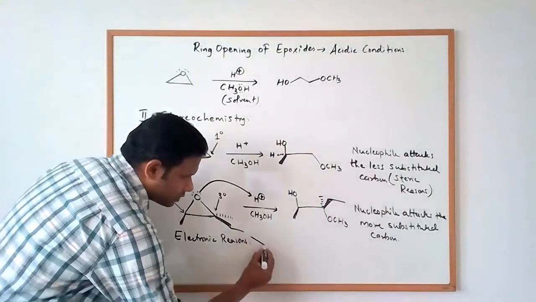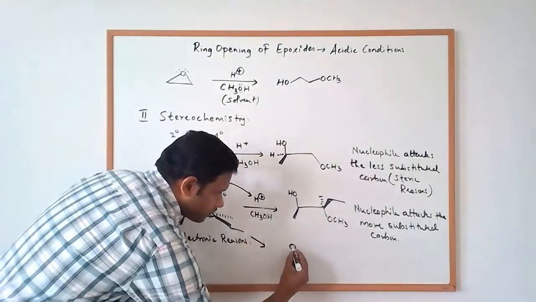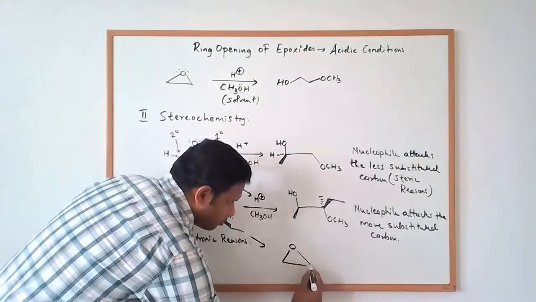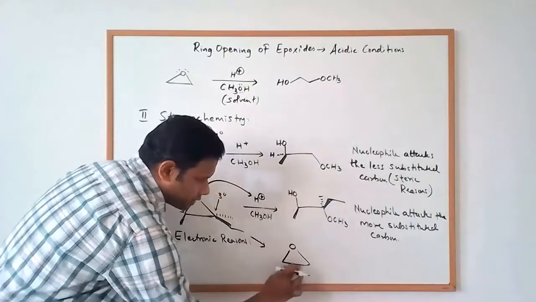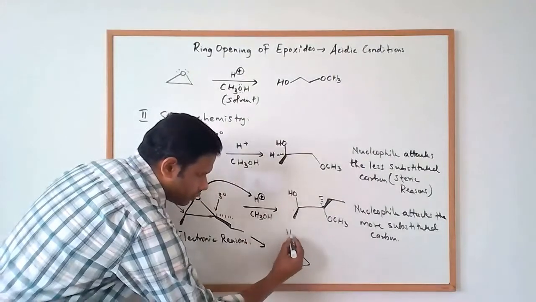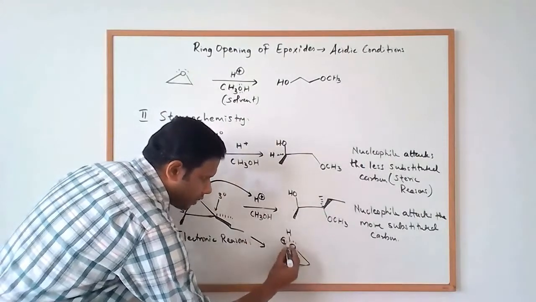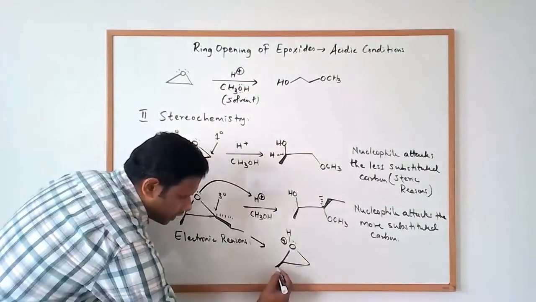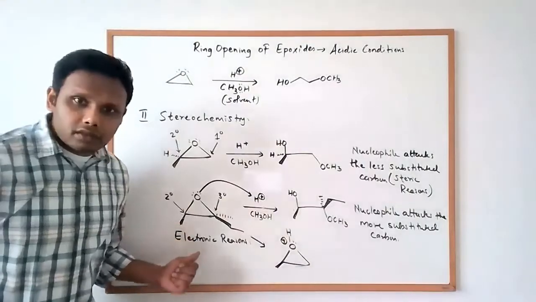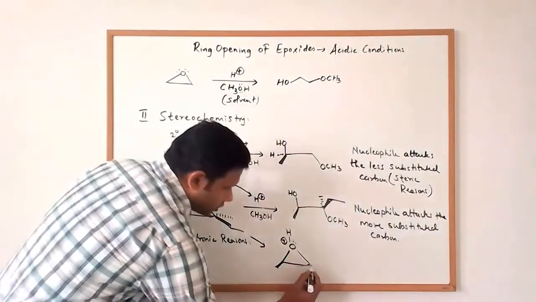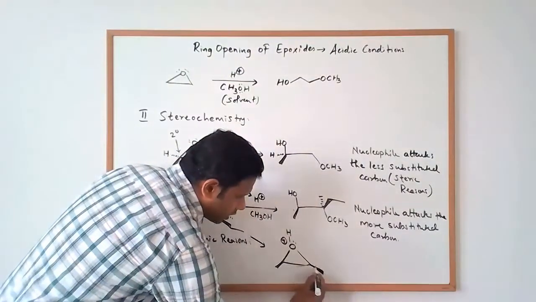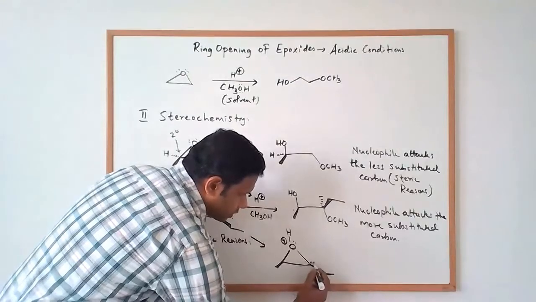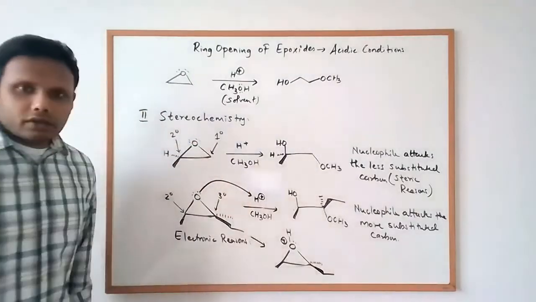And when that happens, it's going to give us a protonated epoxide, okay? It's going to give us the protonated epoxide where this oxygen is now protonated. The secondary carbon has a methyl group on a wedge. The tertiary carbon has an ethyl group on the wedge and a methyl group on the dash.